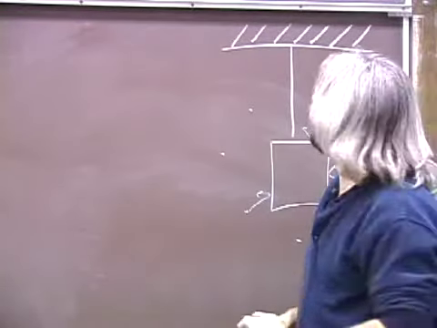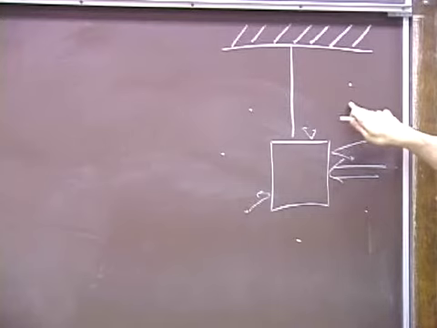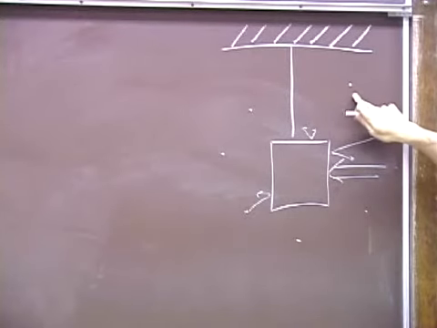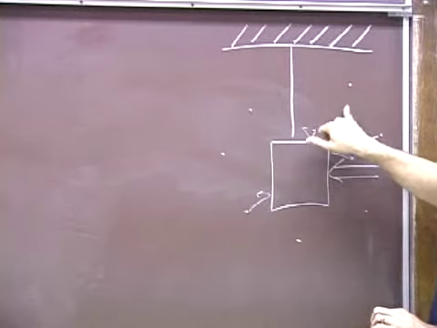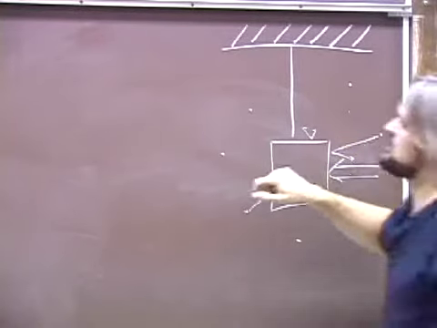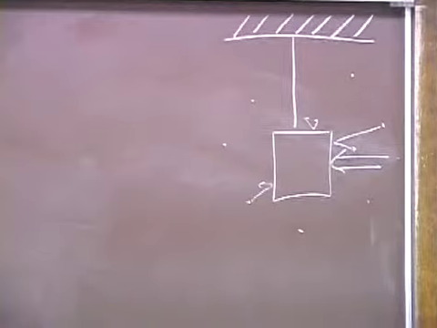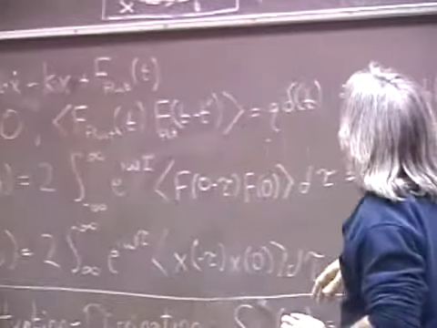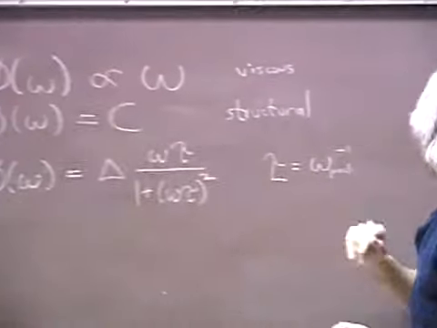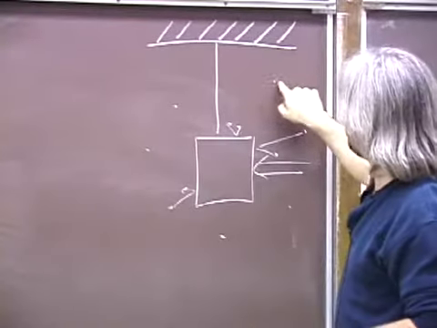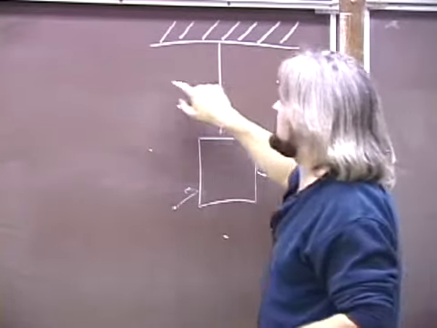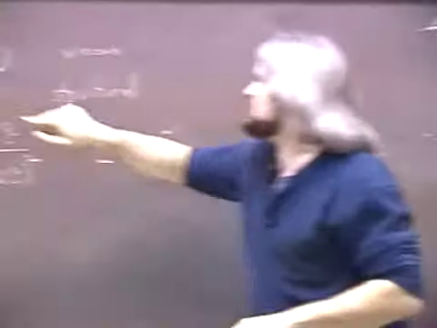And it turns out that for LIGO, because the gas is dilute, it has a velocity dependence which is characterized by viscous damping.